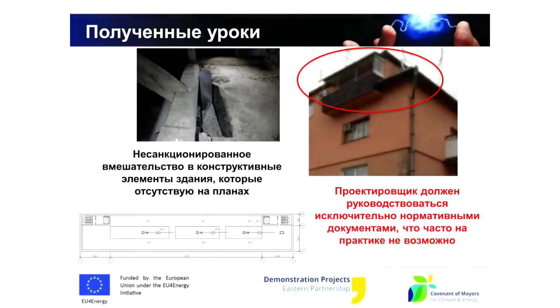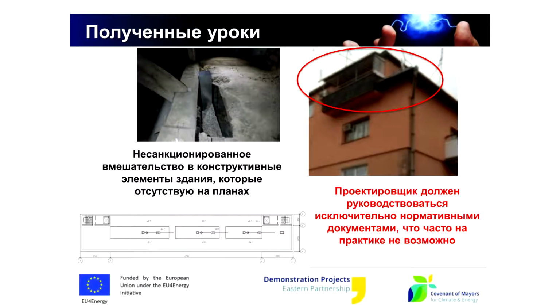You can also be faced with the practical problem that the existing drawings for the building do not correspond to reality. For example, you can see additional premises built in the house by the very residents of the residential building, though in the drawings, in the schemes, in the plans, these additional premises are not there.